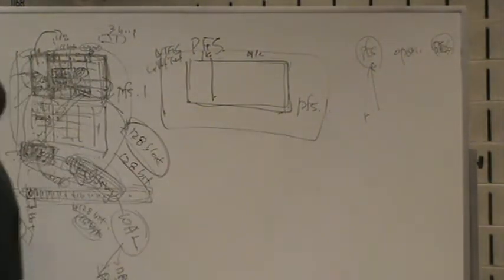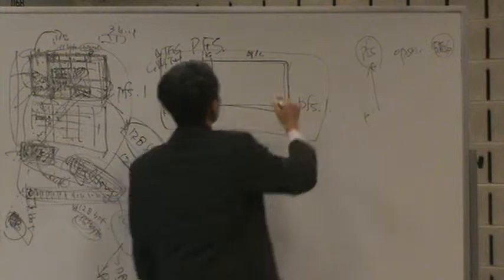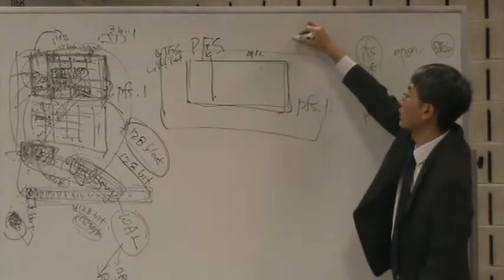And then at that time, you specify the block size. So this block is 256 bytes. So block size is 256 bytes, which means how many blocks can you create in this?